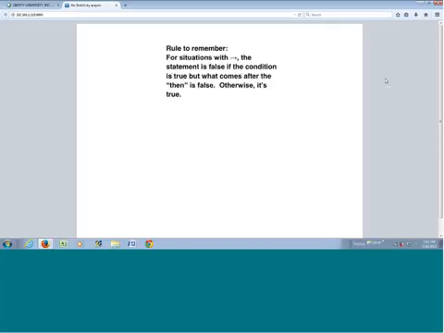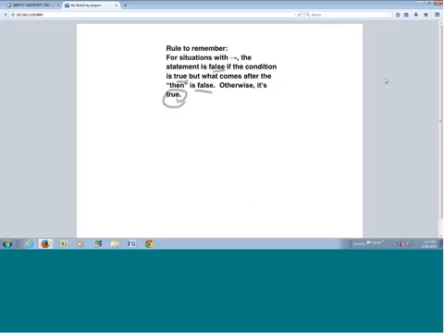So the rule to remember for conditional would be the statement is false if the condition is true, but what comes after the then is false. That's the only case that this would be false, is if the condition's met, but what comes after the then is not met. Otherwise, it's considered a true statement.